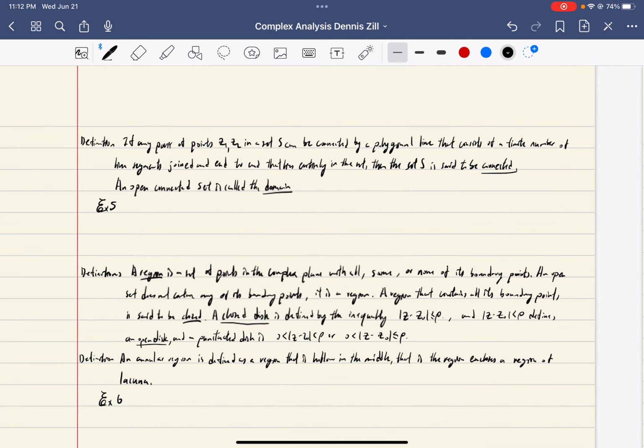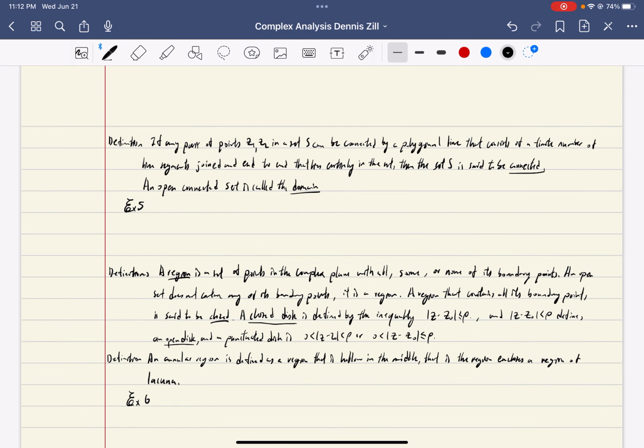Now let's move on. If any pair of points z1, z2 in a set S can be connected by a polygonal line that consists of a finite number of line segments joined from end to end, that lies entirely in the set, then the set S is said to be connected.